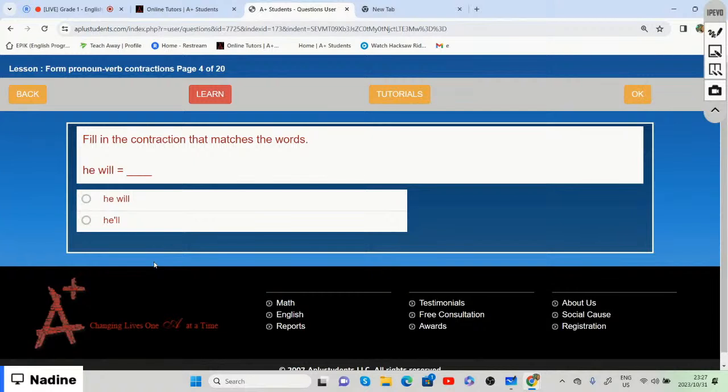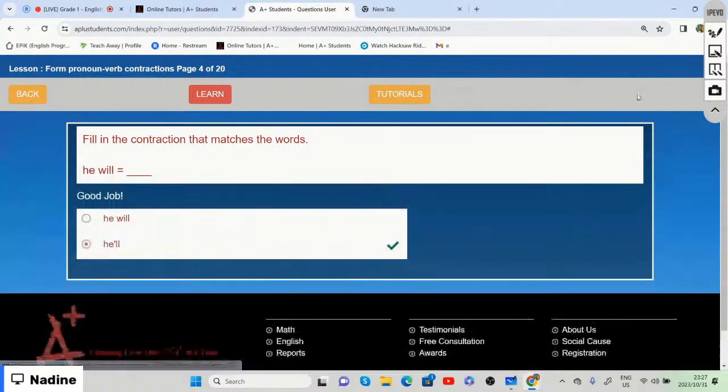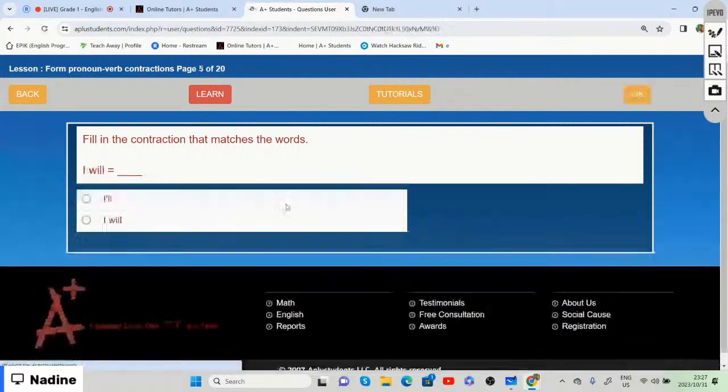Is it he will or he'll? The first word stays the same, which is he. And in will, we remove the W and I, add our apostrophe, and our double L. All right, so it is he'll. And that is correct.